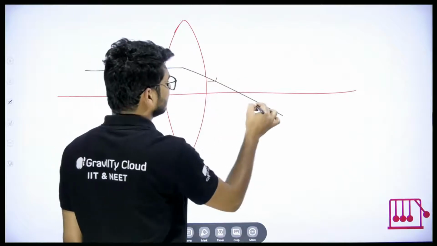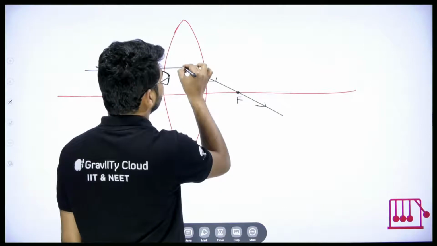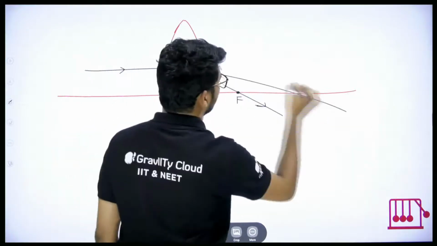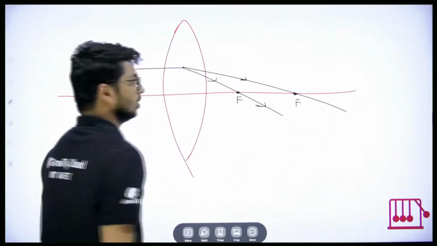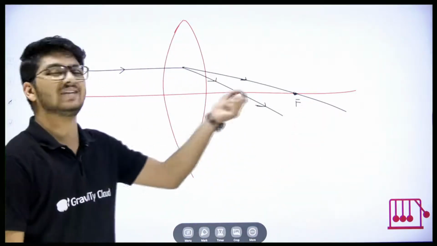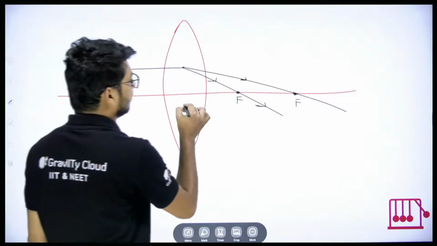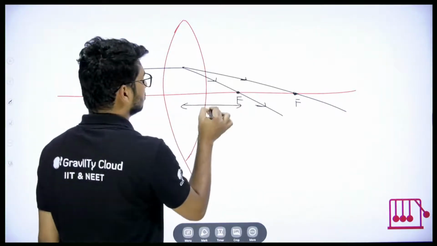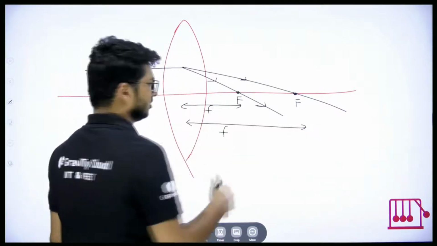Let's say this is one case when the focus is here, and this is another case, where the focus is here. So I am shifting the focus. And when you shift the focus, automatically the focal length will also change.